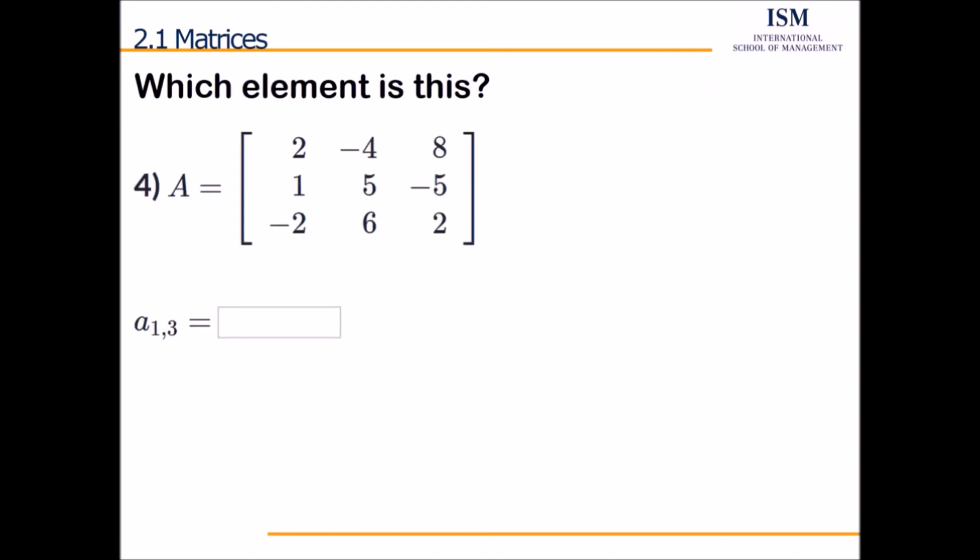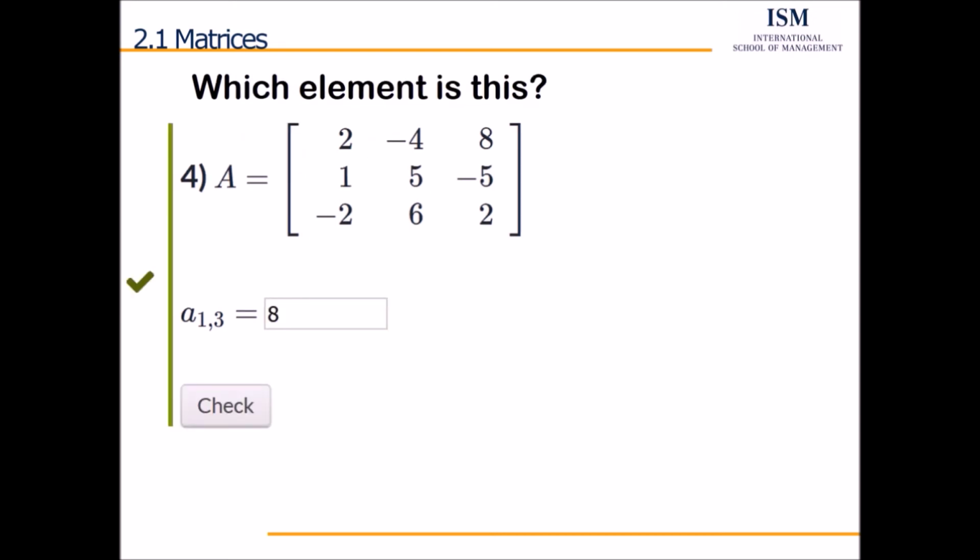Question number 4. Which element is this? The solution is the element A 1,3 is the number in the intersection of the row number 1 and the column number 3. Therefore, the answer is element A 1,3 in matrix A is the number 8.